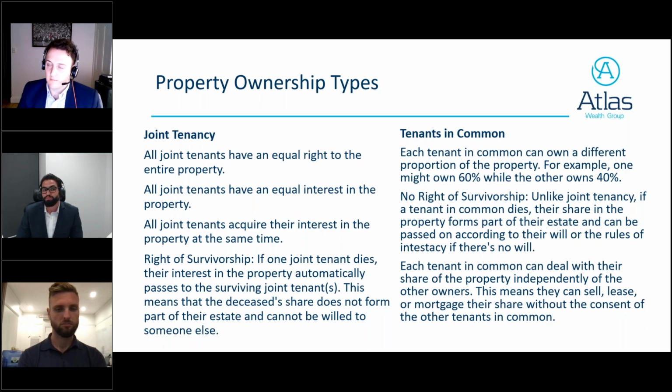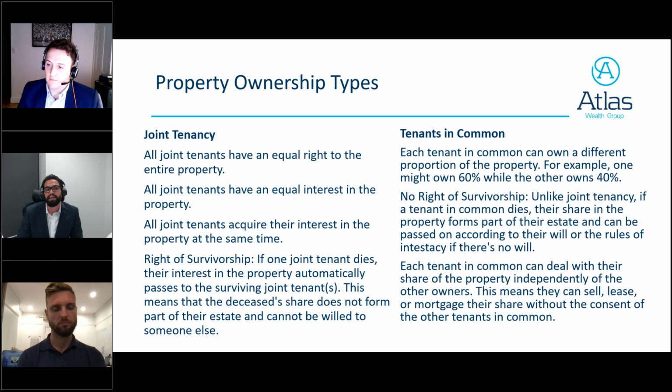What's unusual, and a little bit frustrating, when you come to having tenants in common, depending on how you structure assets, is that it's not a majority vote to sell that asset in the future. If one person doesn't want to sell, you can't compel them to.